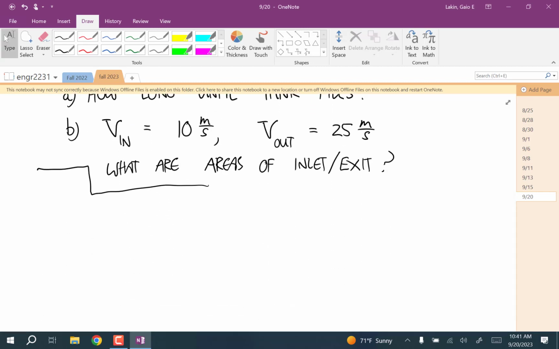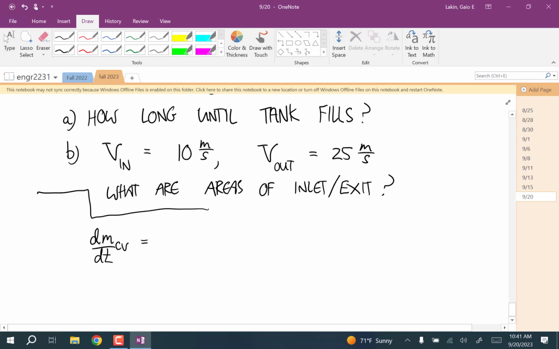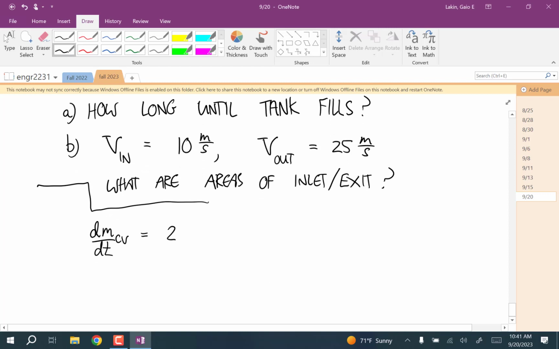All right, well, so our equation says dm/dt is equal to the mass coming in at the inlet minus the mass going out at the exit.